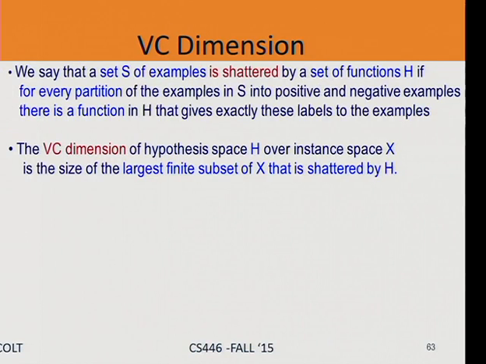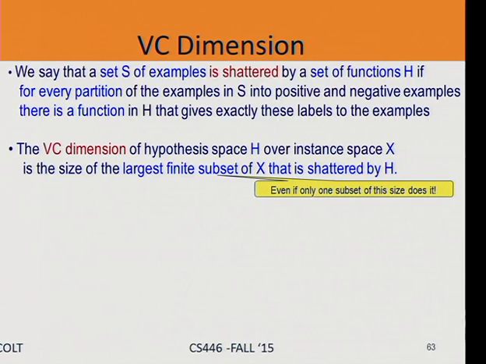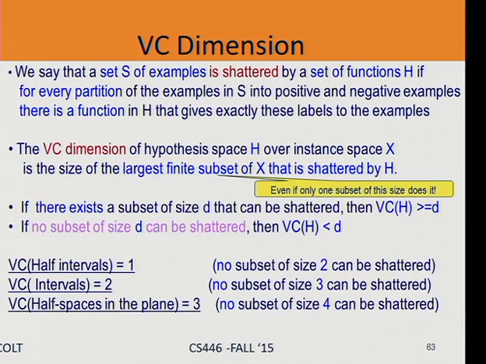So the VC dimension is going to be defined as the largest finite subset of X that is shattered by H. Again, VC dimension is a property of H, a property of a class of functions, and it's going to be defined as the largest subset of my instance space that is shattered by H. Notice that even if one subset of this size does it, I still count it. Specifically, if there exists a subset of size D that can be shattered, the VC dimension is at least D.